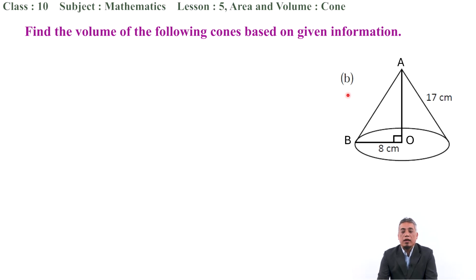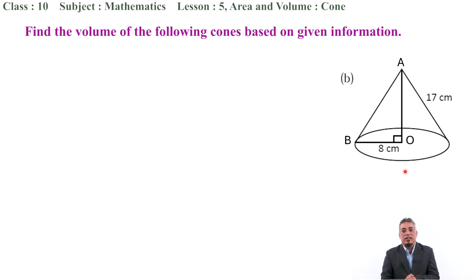Here, instead of giving the main height, slant height is given. So can we find the volume when the slant height and radius are given like this? Can we find it directly? Think of it.